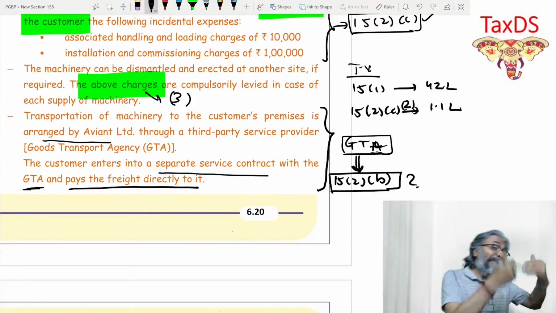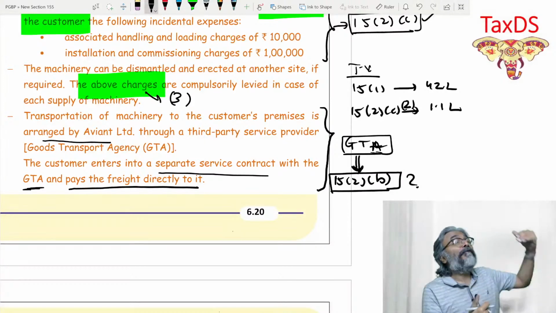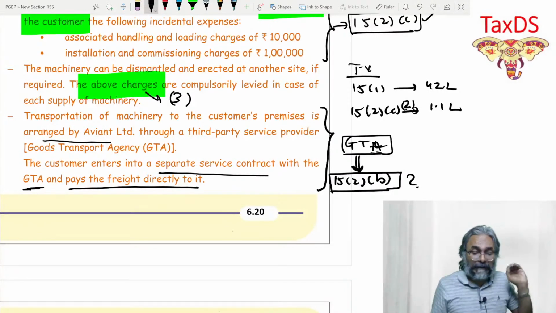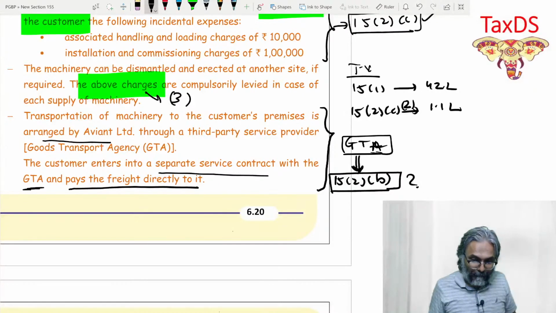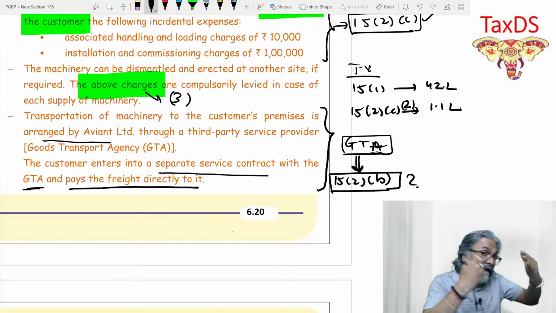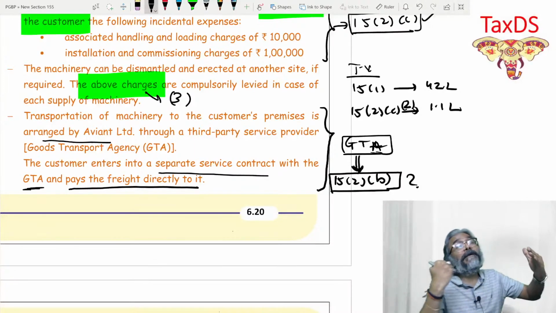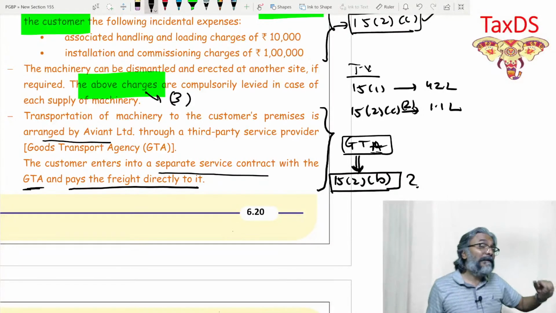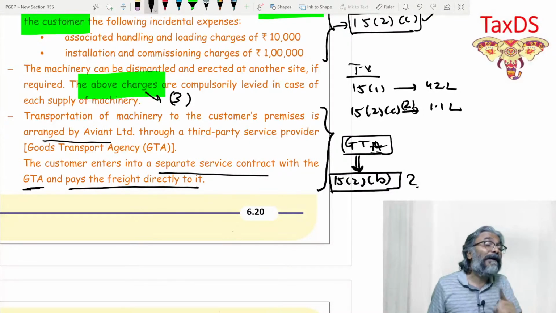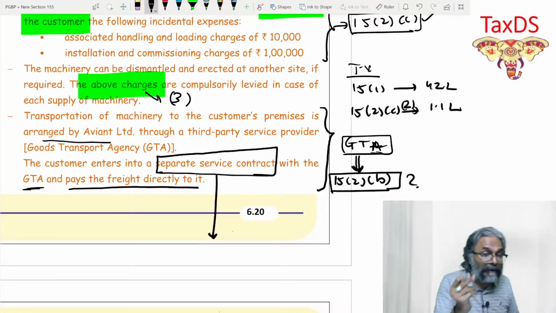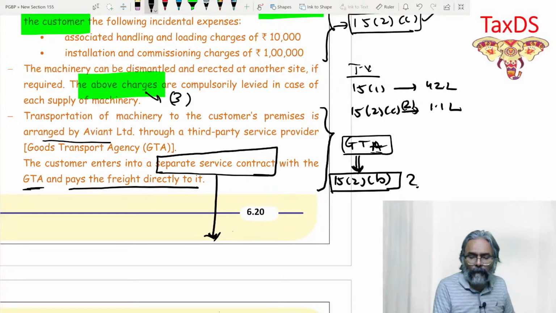Whether 15.2b can be applied, and therefore whether it will be added in that context. For 15.2b addition, what has to be seen? Whether the supplier was liable to pay. And how do I know the supplier would be liable to pay? If the contract was between the supplier and the GTA, then the supplier was liable to pay. Here there is a separate service contract between whom?